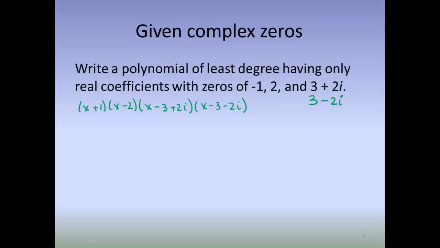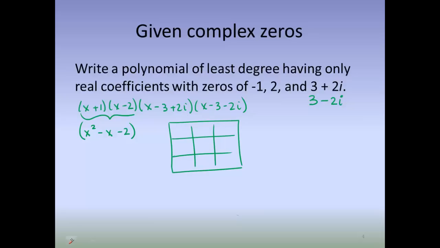I'm going to multiply my real ones together, I'm going to multiply my imaginary ones together, and I will then multiply those final polynomials together. So here's my two reals being multiplied: x squared minus x minus 2. These two I'm going to use that giant Punnett square for.